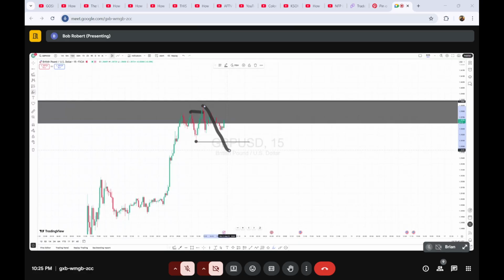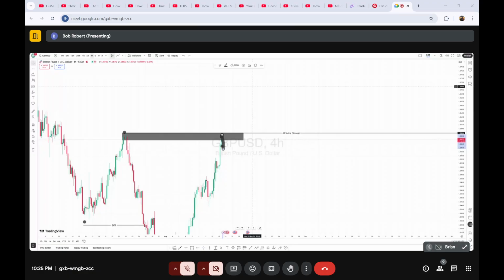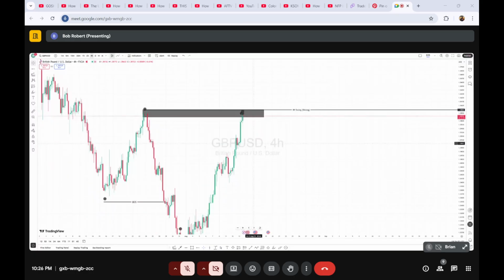For aggressive traders, they don't have to wait. Reason being, based on our rules, we know that the market cannot take out this swing strong. Okay, so they will just enter the trade automatically. So we have advantage between the two. For conservative trader, they have to wait for a confirmation to show that yes, indeed the market is shifting direction.